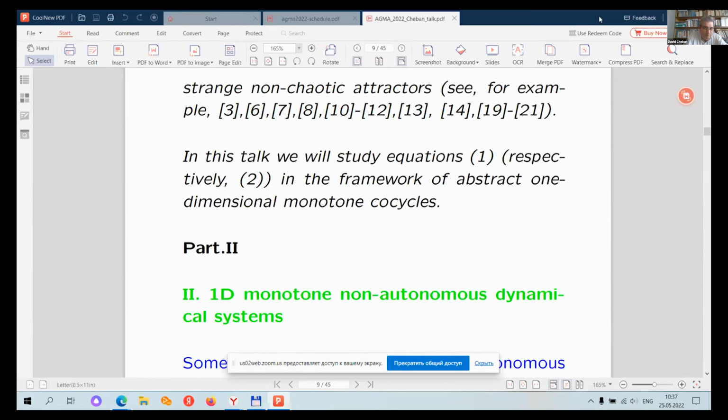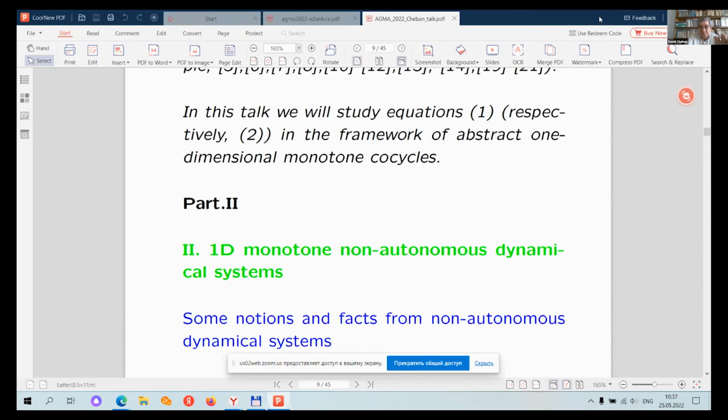Now, the second part of my talk. We said in the precedent part of my talk that we have two types of example, scalar ordinary differential equations and one-dimensional ordinary difference equations with monotone right-hand side, which generate an abstract object.